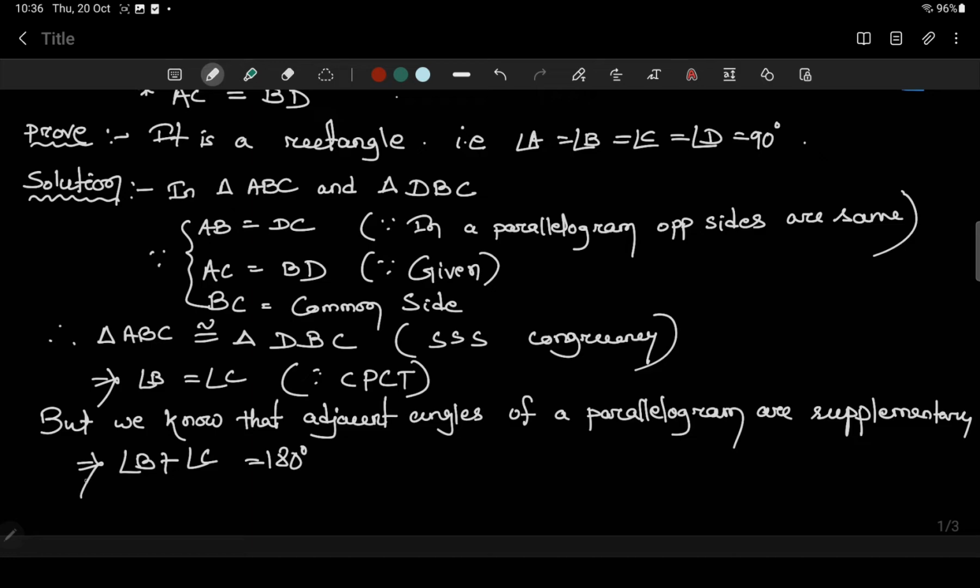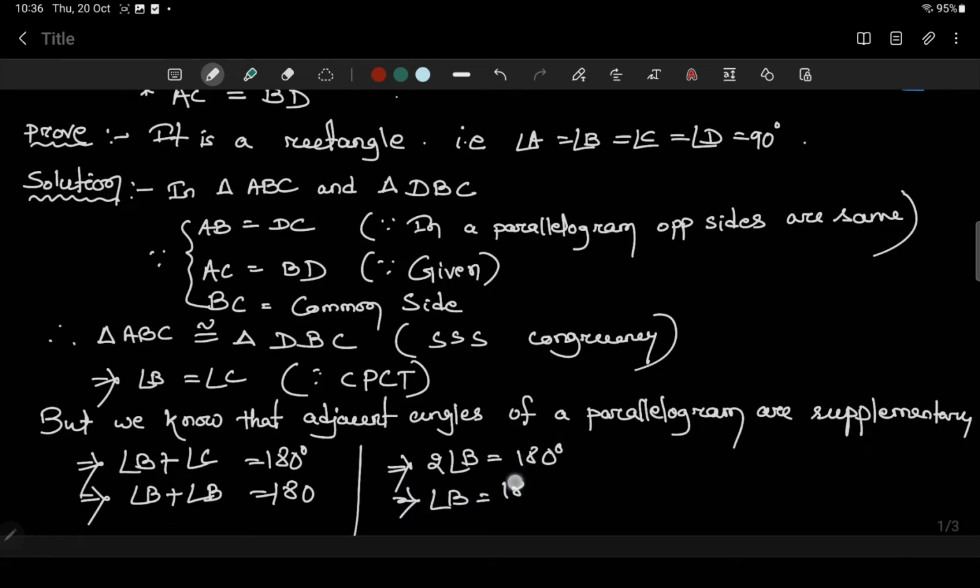But B equals C, so instead of C I can write B. So B plus B equals 180 degrees, which implies 2 angle B equals 180 degrees, so angle B equals 180 by 2 equals 90 degrees, which equals angle C also.